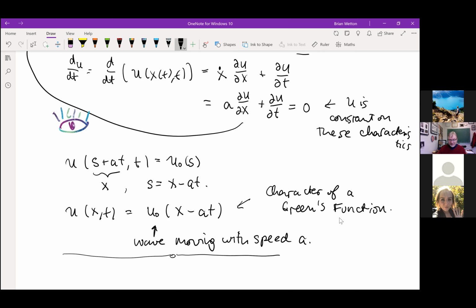The initial data is the only data we have in this Cauchy problem for this first order equation. And so if we were going to write it as a typical Green's function, the integral of the initial data, then we'd have to get into the game of generalized functions. It would be like a point mass that would describe this Green's function.